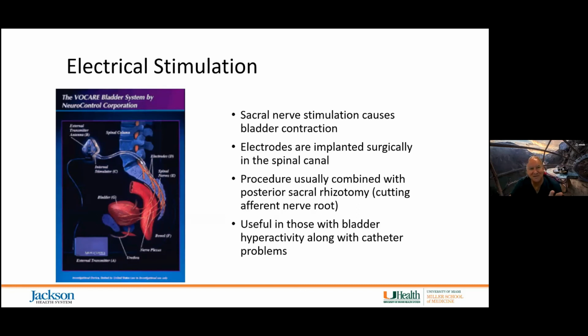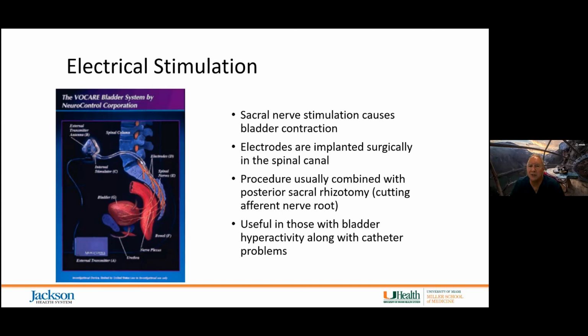These systems, they used to be commercially available in the United States. They lasted about 3 years, and then they couldn't sustain. So the Vocare bowel and bladder system by Neurocontrol unfortunately went out of business, and they're still hoping that Medtronic or somebody like that will pick this up. This system, or a similar system, the Brindley bladder system, is used in Europe with some success.